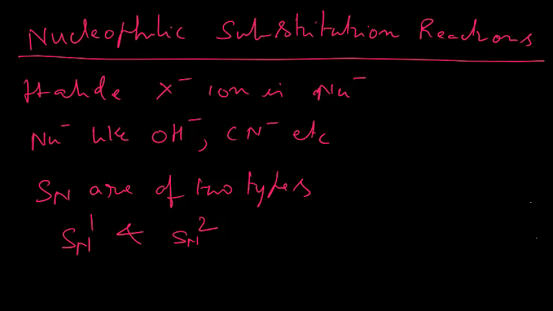SN1 is a nucleophilic substitution reaction involving only one molecule in the rate determining step or slow step, whereas SN2 is a nucleophilic substitution reaction in which two molecules are involved in the rate determining step.